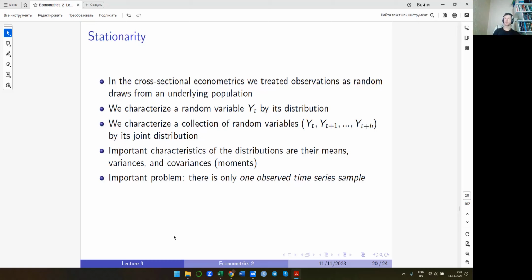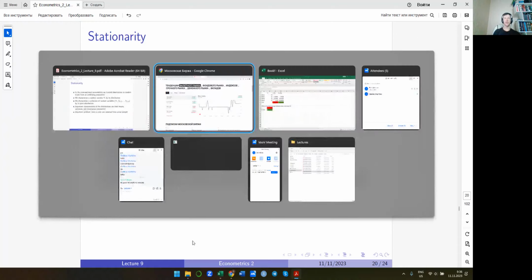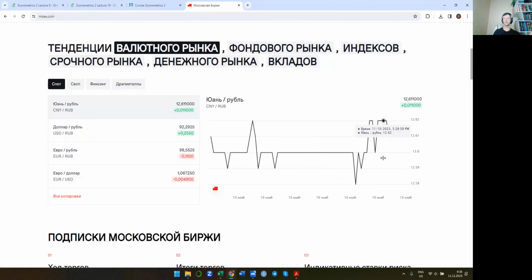In time series, this doesn't work because you are not able to take different samples. If we observe the exchange rate, like yesterday, the exchange rate of yuan to ruble, this is one observation. The whole series is one observation. And you are not able to take another sample for yesterday.